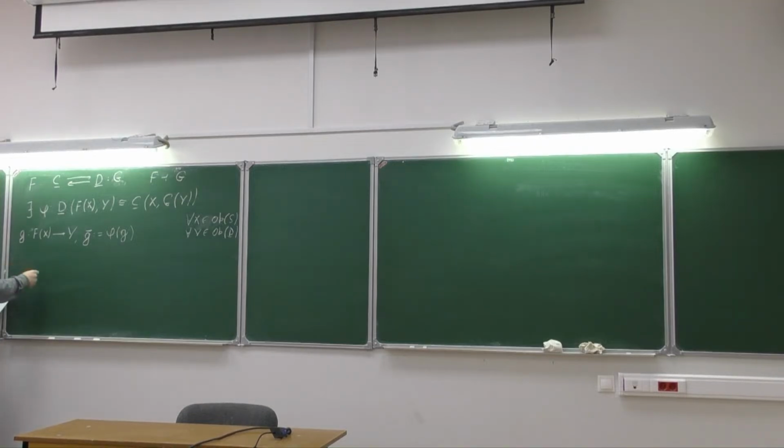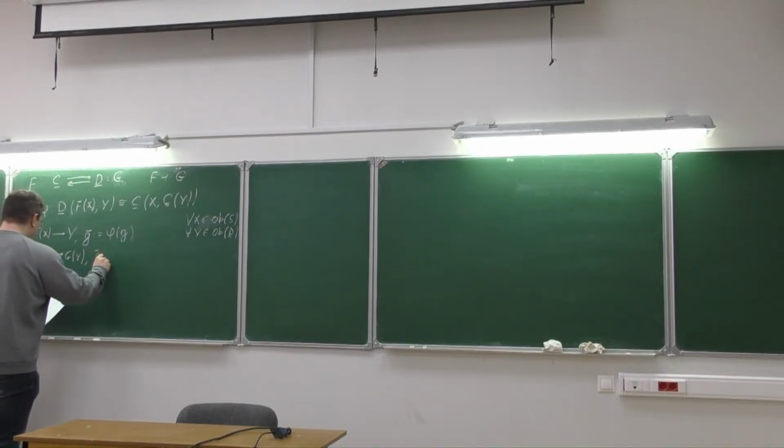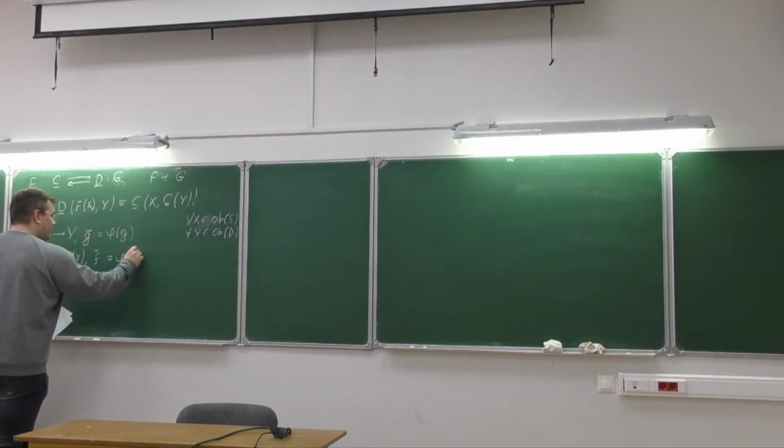So I'm using the same bar for phi and phi inverse, but I think it's okay. I think it's easy to understand from the context which bar I'm using. So f now lives in the right-hand side of this bijection of two Hom sets. Then f bar is by definition phi inverse of f.